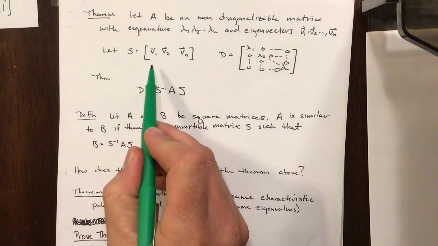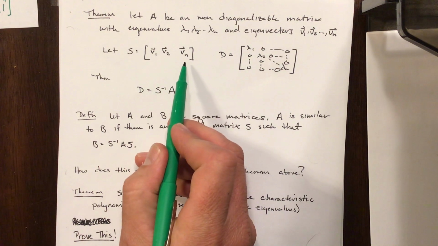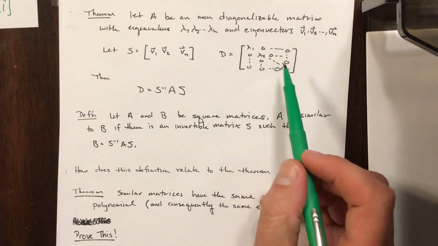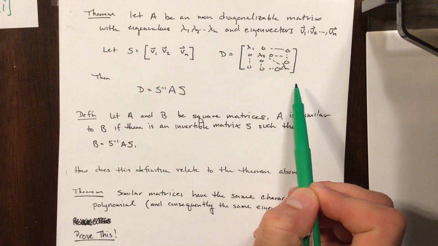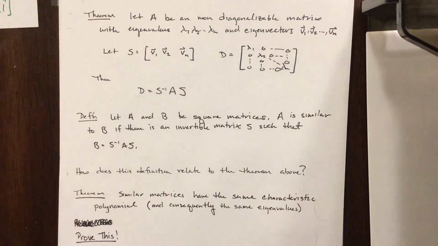If you let S be the matrix whose column vectors are the eigenvectors, and D be the diagonal matrix with lambda 1, lambda 2, all the way to lambda n along the diagonal, where each of the lambdas is selected carefully to match up with its corresponding eigenvector, then you will observe that this diagonal matrix D is equal to the inverse of S times A times S. That's a fact that we can prove, but we won't prove it because it's not necessary.